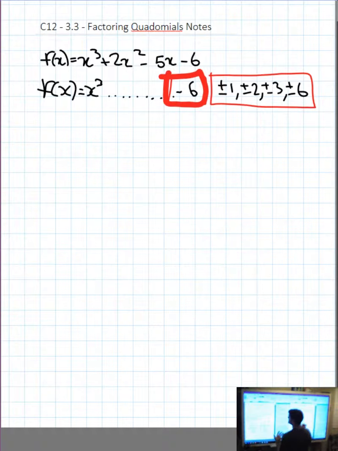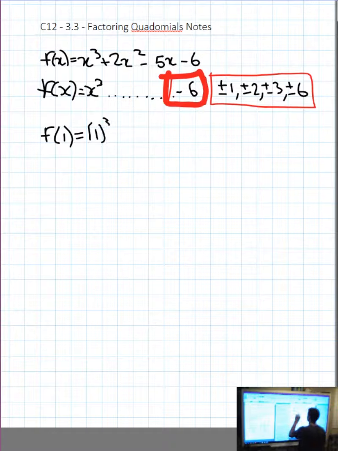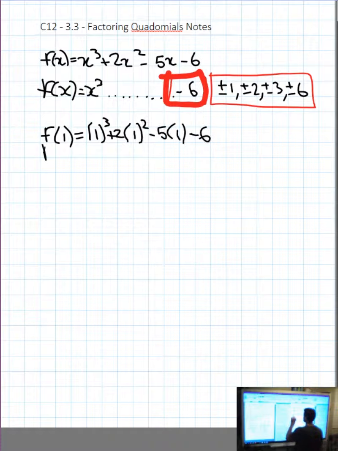So let's test f of 1. We substitute 1 in for x. f of 1: 1 cubed is 1, 1 squared is 1, 2 times 1 is 2, 1 plus 2 is 3, negative 5 times 1 is negative 5, 3 minus 5 is negative 2, minus 6 is negative 8.